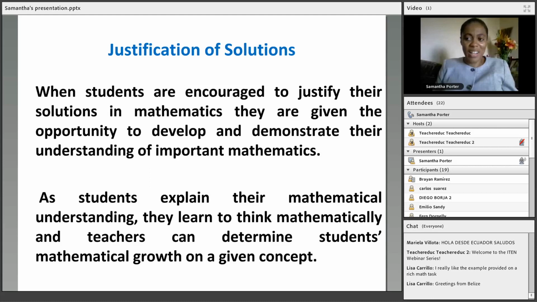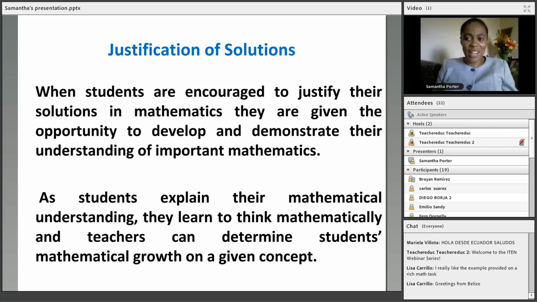We don't have to wait until the end of the term or until the end of a week or until the end of a unit to know that our students understand a concept. As students are able to justify their reasoning, we can tell if our students are growing, if they are understanding, and we can adjust our teaching.